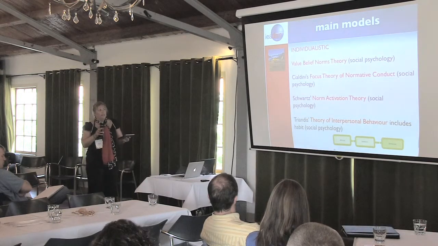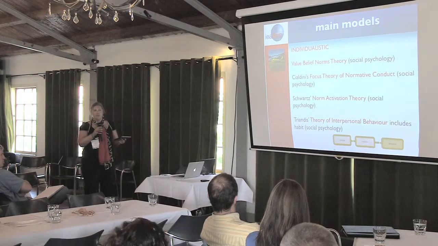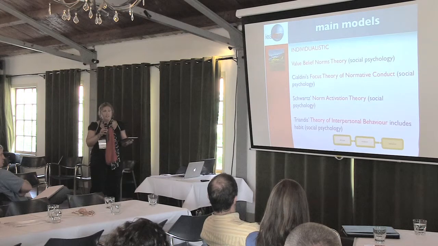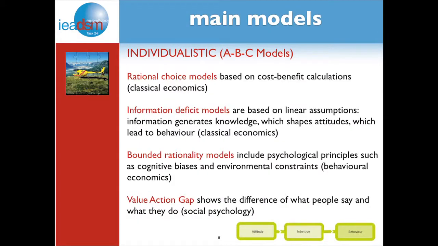And then Cialdini, Robert Cialdini, very famous psychologist in the States, he did the experiments with the towels in hotel rooms, where he found that if you said that 40% of other guests reused their towels to save water, that had a significant increase in people reusing their towels than if you gave any other kind of information, be it environmental or cost or anything else.